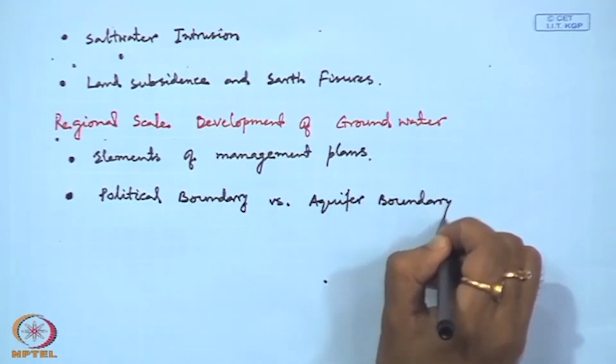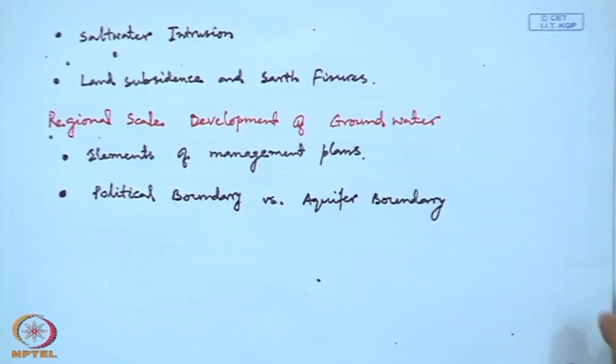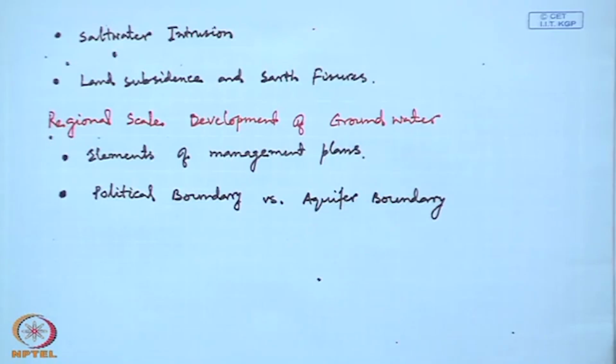So, for finding out the yield for any particular aquifer, we need to have certain groundwater flow models, and in that one we need to have certain boundary conditions. Either we can have political boundary in our regional scale model, or we can have aquifer boundaries.